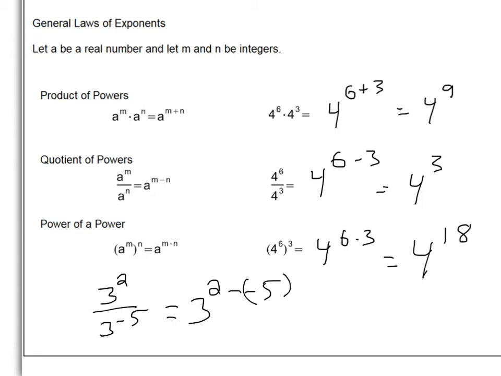Keep in mind that you're subtracting a negative there, and therefore you end up with 3 to the 2 plus 5, which would be 3 to the 7th. So just something to keep in mind going forward. It's something that can often be tricky when you're trying to simplify those problems.